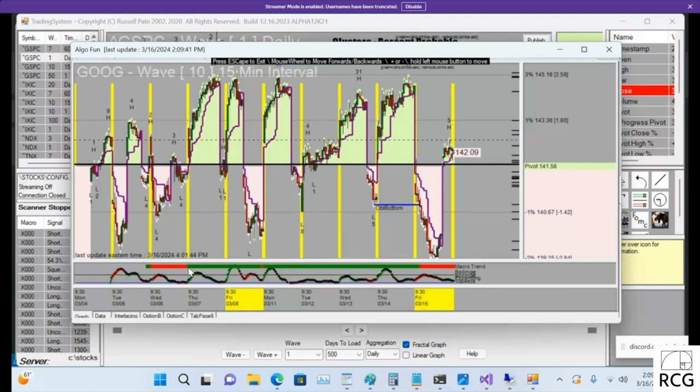And when your ribbon's green and you cross, just buy. So that's what Algo Fun does. It's just like a set of orders, and it just executes on them until you're done with those orders. So it's just automatic.